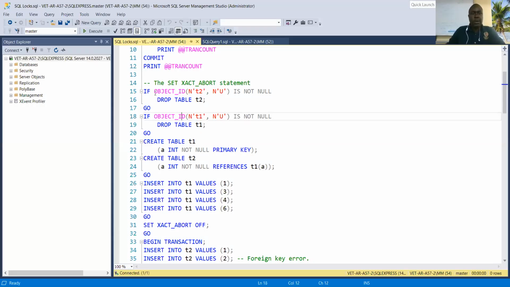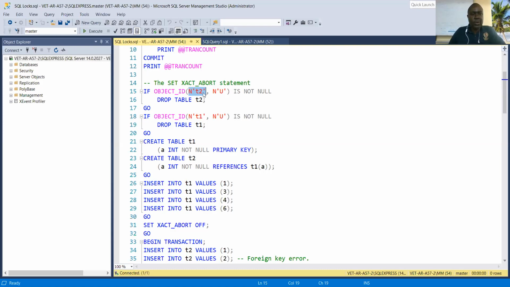Okay, so this first part is checking if there's an object with an ID of T2. If it's not returning a null value, it means that there's a table which has been created and exists.